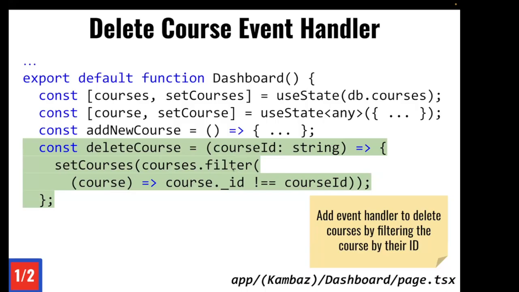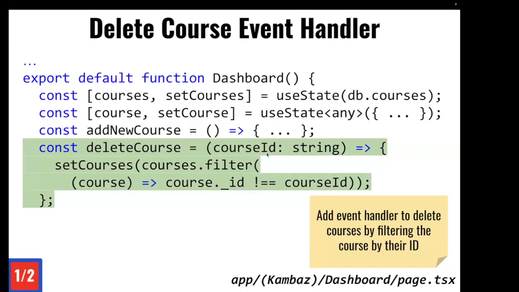Courses.filter allows you to skip over some elements in the original array. So with this original array of courses, with filter, we're going to compute a smaller array that skips over some items. Which one? As we're iterating over them, we check to see if a particular course has an ID equal to the course ID that we want to remove.